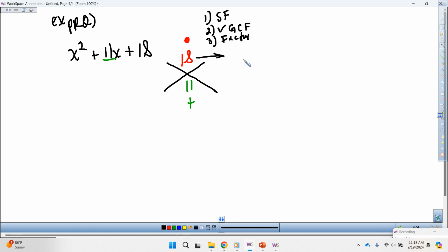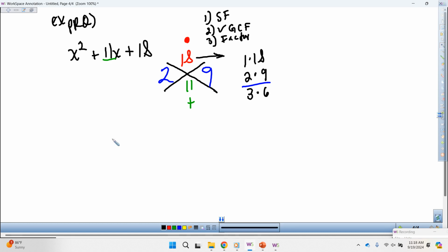Monse, go. 1 times 18. 2 times, what two numbers multiply to give me 18? 2 times 9. 3 times 6. 4 times nothing. 5, 6, and they repeat. Question, which one of those pairs adds up to give us 11? 2 and 9. 2 and 9.